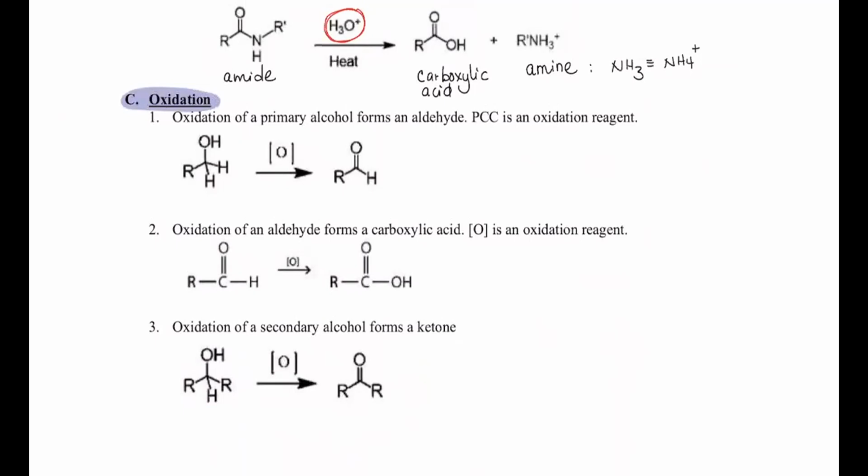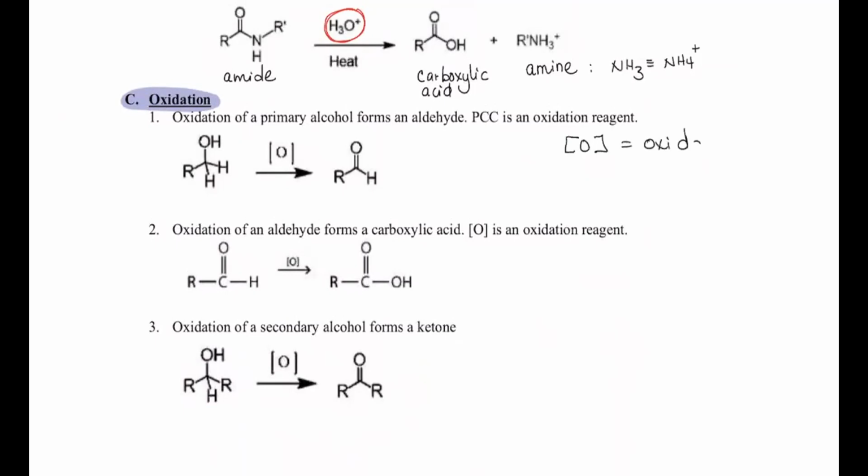The next reaction type that we have is an oxidation, okay? So oxidations are the easiest to spot because when it comes to the reagents of oxidation, at least I want you to understand that the most common way to express the reagents for oxidations is going to be an O in brackets.